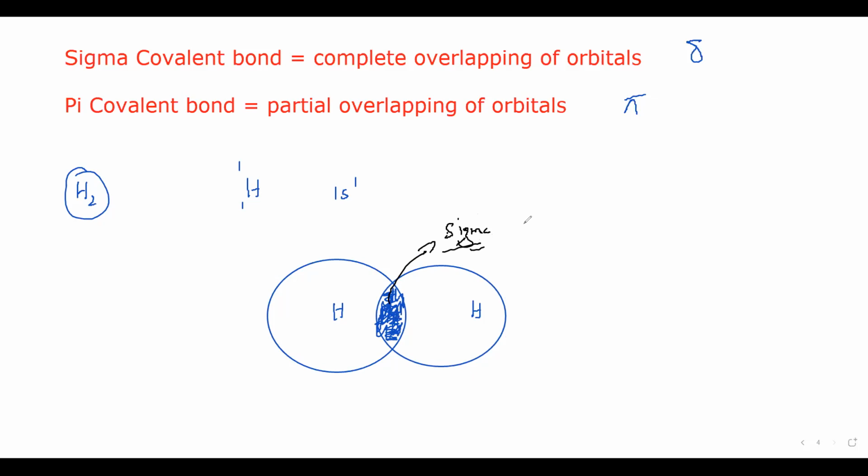But there is also another type of bond that's known as the pi covalent bond. So what is the meaning of pi covalent bond? Like we have oxygen O2. When we write the electronic configuration for one oxygen, it is 1s2, 2s2, 2p4, because there are a total of 8 electrons.